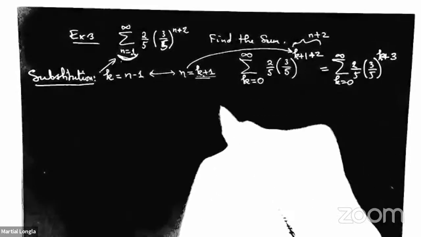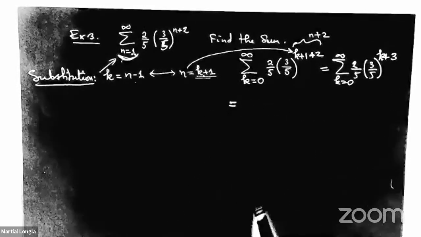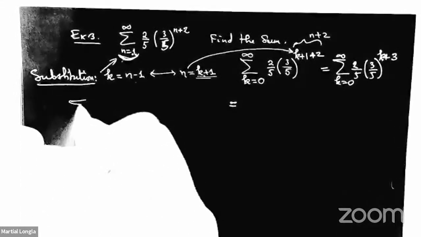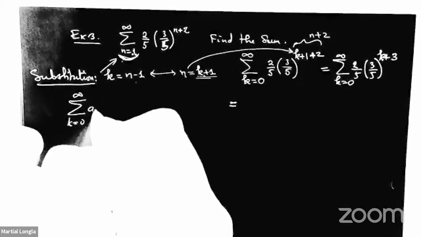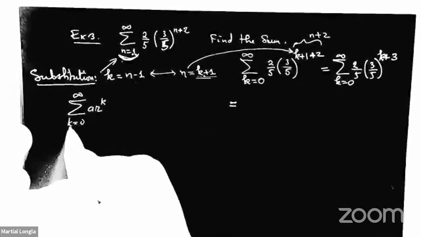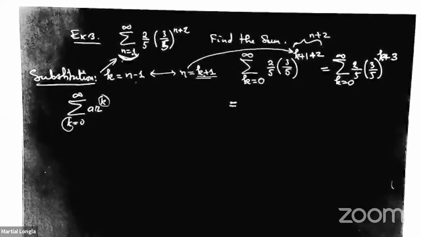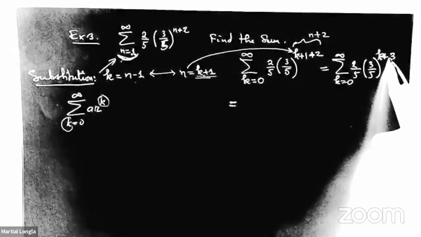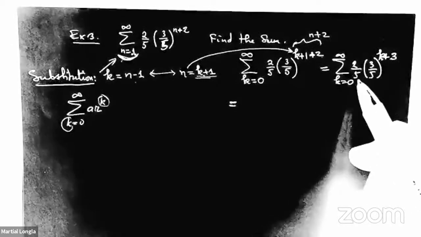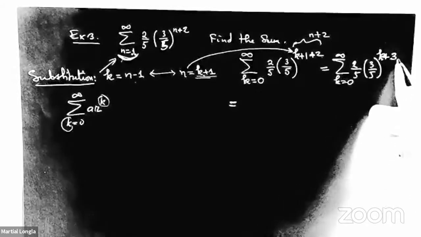This plus 3, we can take it off because we need to have a formula sum k from 0 to infinity ar to the power k. So the same thing that is here is the thing that needs to be in a power. Because we have this extra plus 3 here, we're going to remove it. The power comes down by 3.